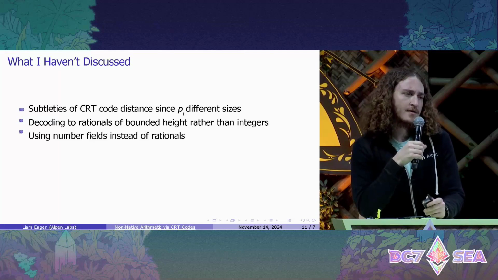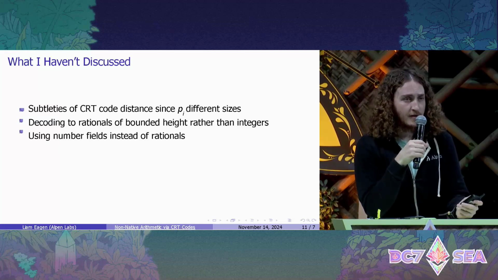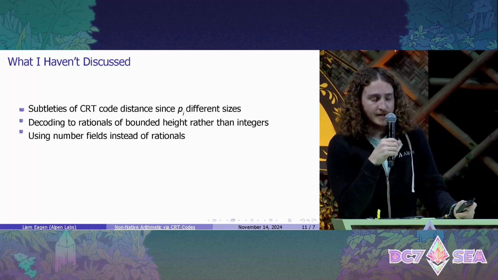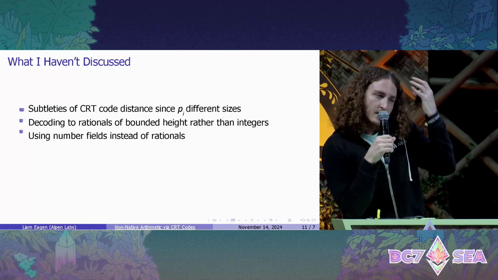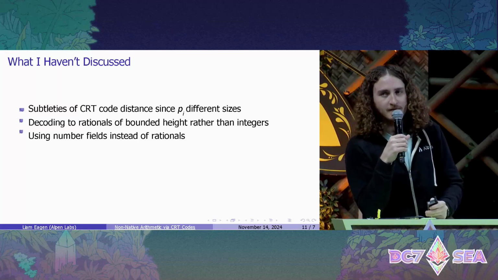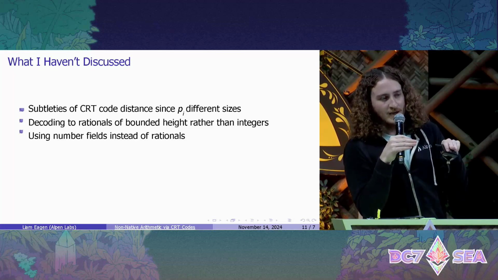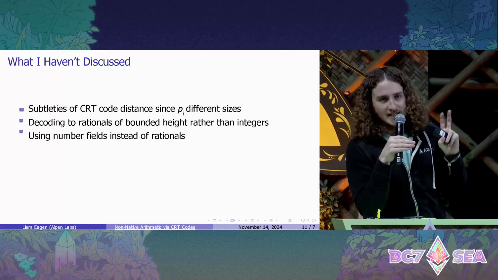And then another thing I haven't talked about, but that could actually be worth considering in practice, is that all of this generalizes from integers to number fields. And in number fields, you have a different situation where you actually can have primes of the same size.